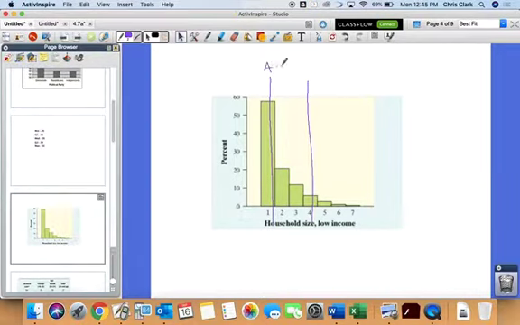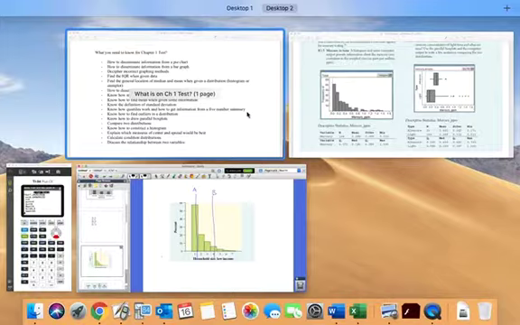So let's say this is A, this is B. And you'll have to determine which one is the mean and which one is the median. Remember, the mean goes towards the skew, towards the outliers. The median stays around that clump. So A would be the median, B would be the mean. That would be a type of question that I'm talking about here.